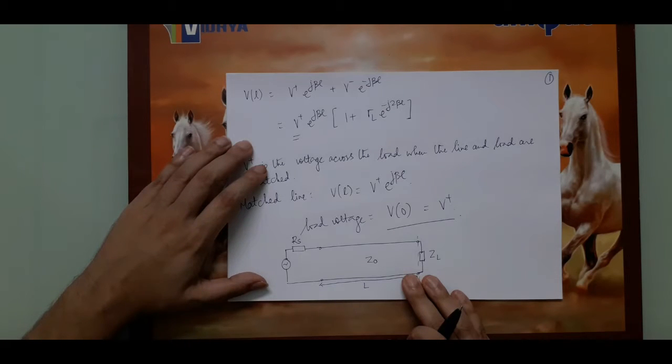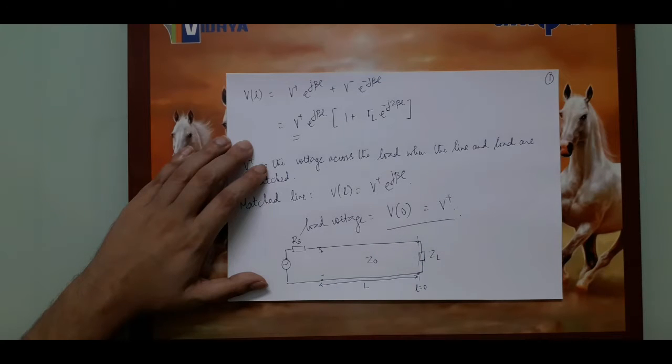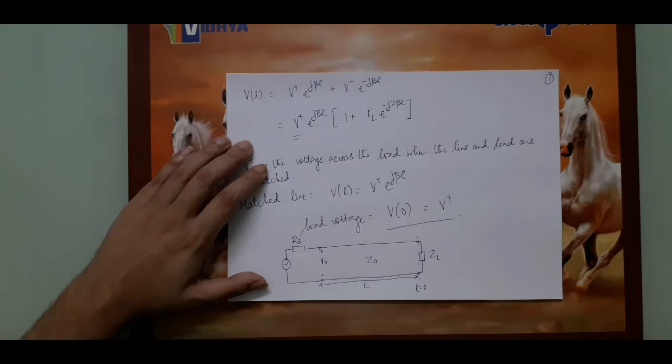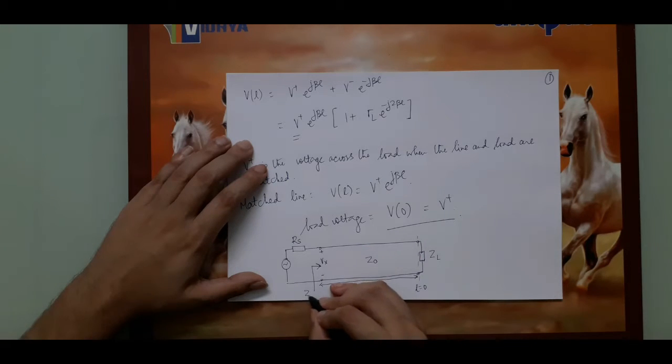Let us say that the voltage across the two points at which the line is connected to the source is some Vx, and the impedance looking at this side is Zx.